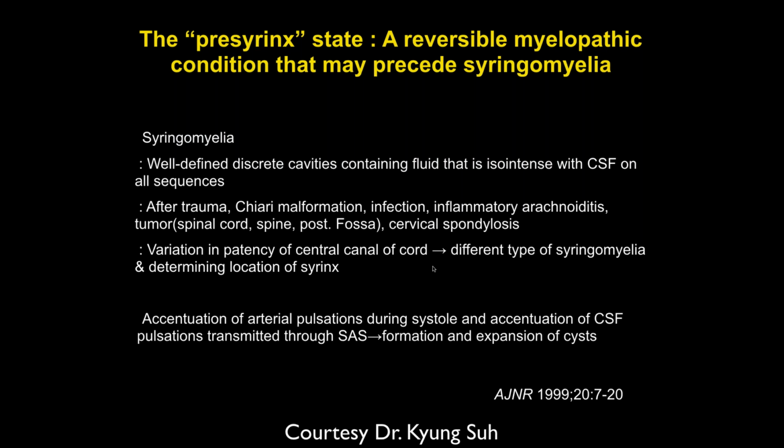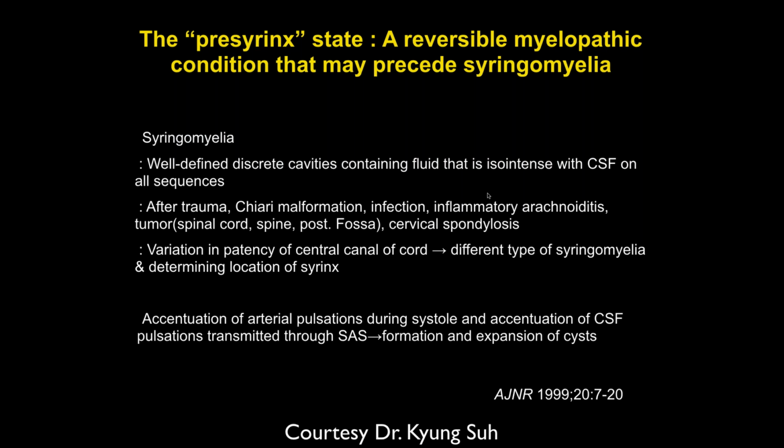Obviously, if you just have direct trauma, you can destroy neural tissue, and it can fill in with fluid and be a syrinx. You can have increased pressure, which can either affect the vessels or increase the pressure within the central canal and develop hydromyelia. So there are a lot of potential conditions that can lead to abnormalities within the cord that we call syringomyelia, because we see increased fluid pockets within the cord itself.